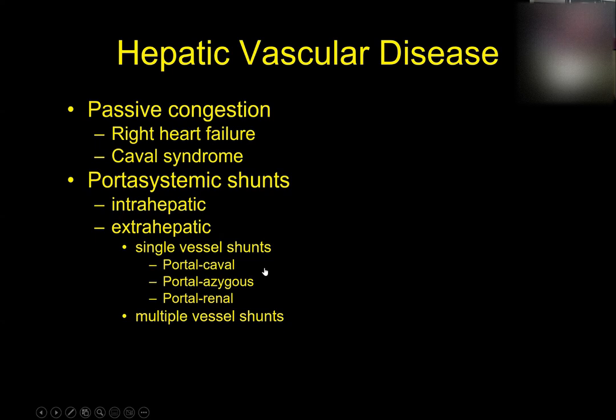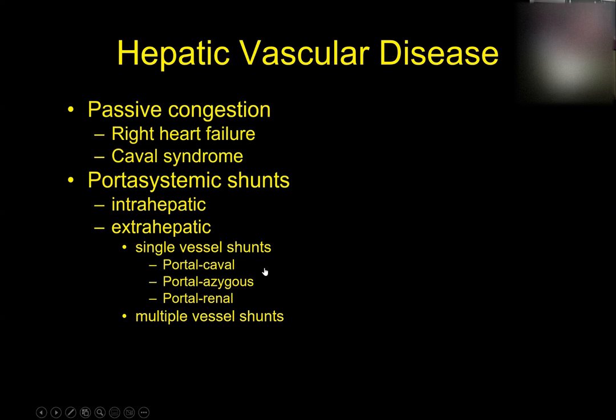The other kind and more common type of portosystemic shunt is going to be an extrahepatic shunt, meaning outside of the liver. Okay. And we can further subdivide extrahepatic shunts into two different kinds. There's some that are caused by only a single vessel shunt, and there's some that are caused by multi-vessel shunts. Okay. Of those two subclassifications, by far the most common is a single vessel shunt.